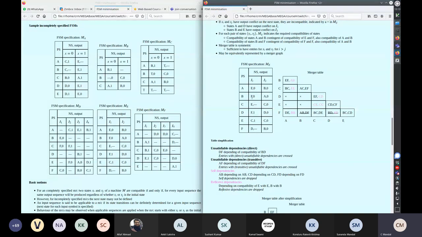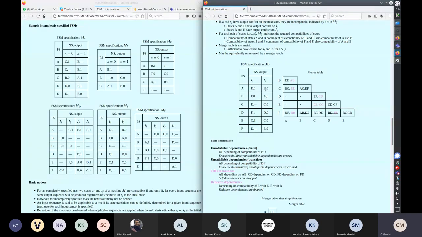Note that the outputs are compatible. When you supply input I1, both A and B have output 0. So they have the potential to be compatible, but they will be compatible if E and F are compatible and also A and B are compatible.